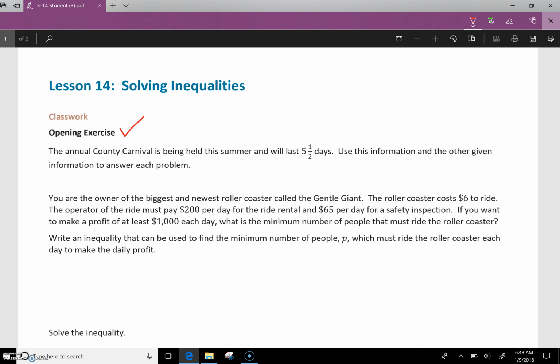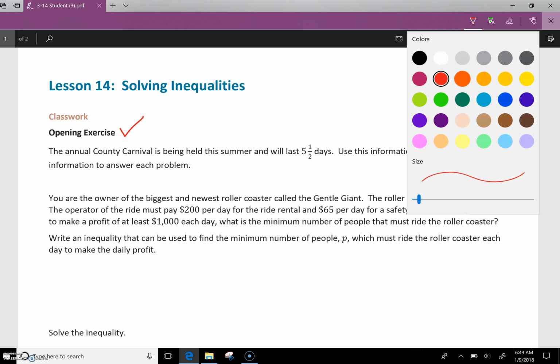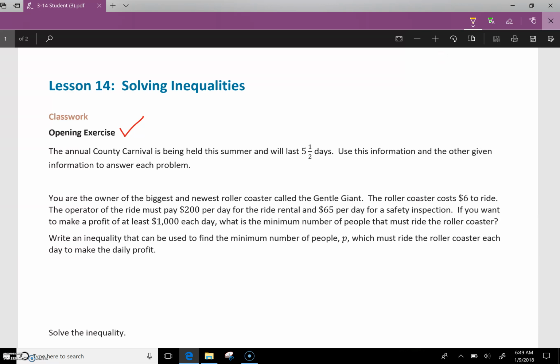Let's take a look. The annual county carnival is being held this summer and will last 5.5 days. I'm going to underline important things. So the carnival is going to be 5.5 days long. Use this information and the other given information to answer each question. You are the owner of the biggest and newest roller coaster called Gentle Giant. The roller coaster costs $6 to ride.